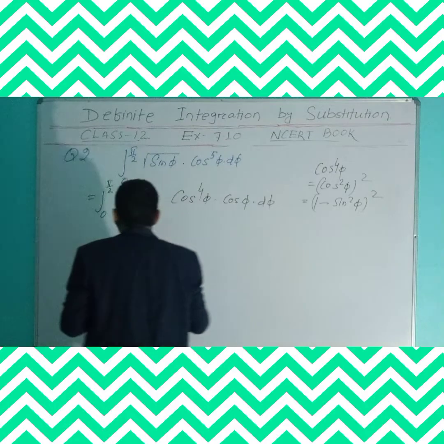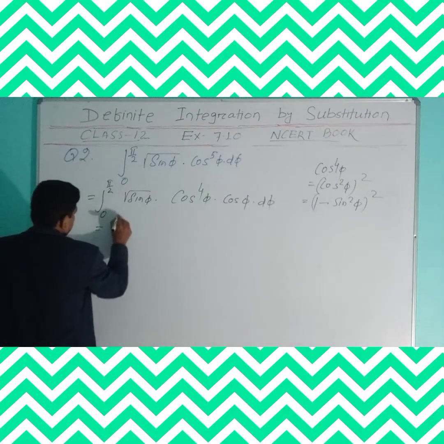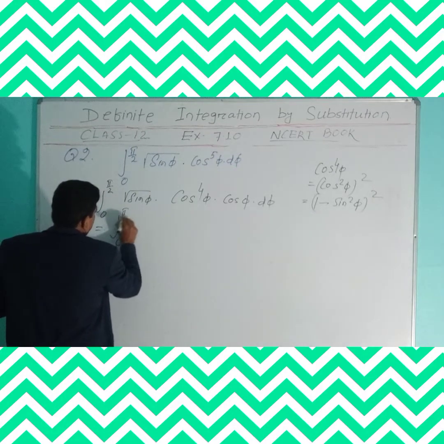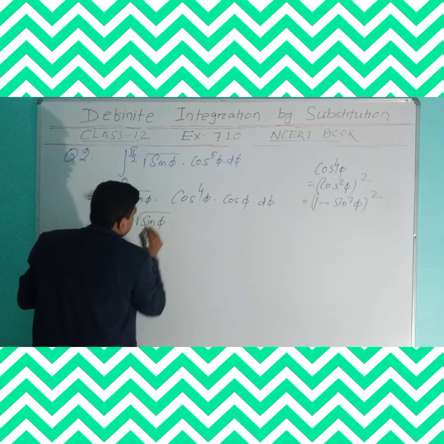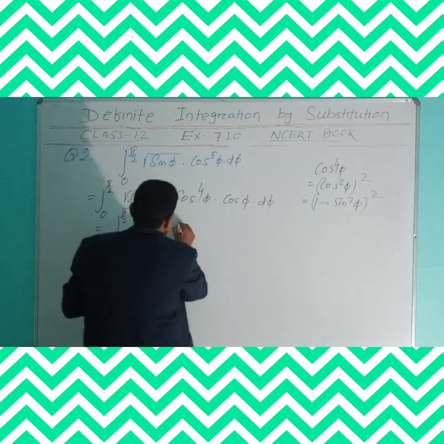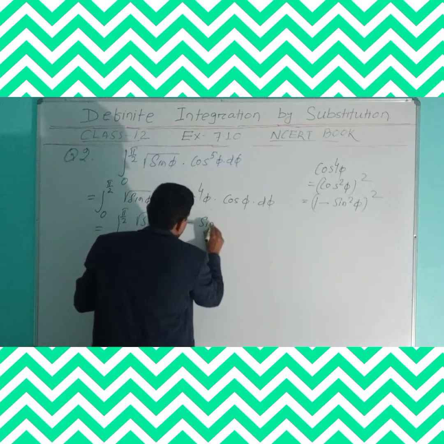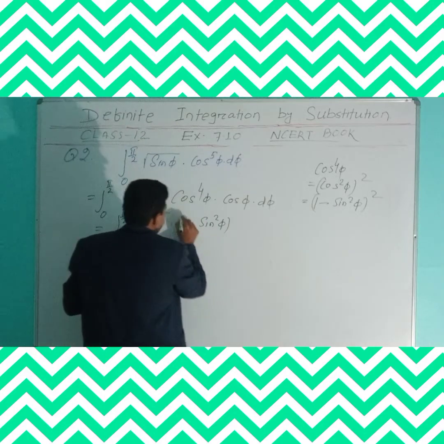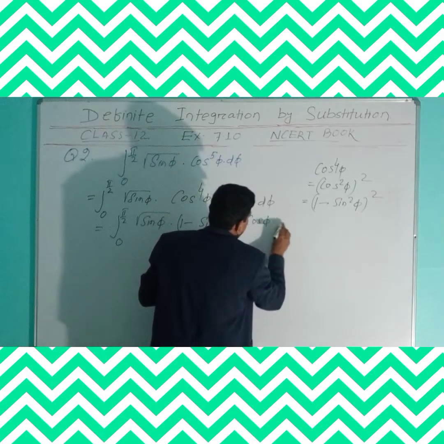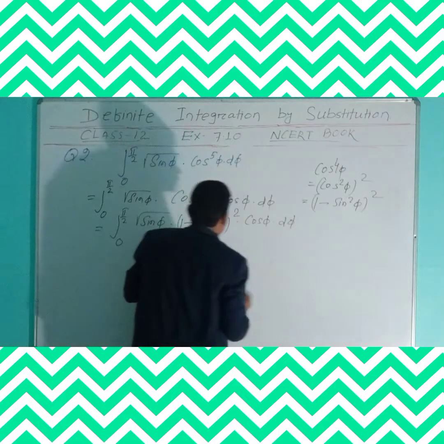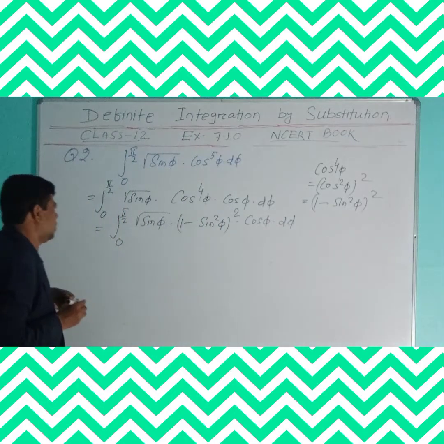So in place of cos to the power 4 phi, integration of 0 to pi upon 2, now you write square root of sin phi, and for cos to the power 4 phi you can write 1 minus sin square phi the whole square, into cos phi into d phi. Is it clear? Understand? Okay.